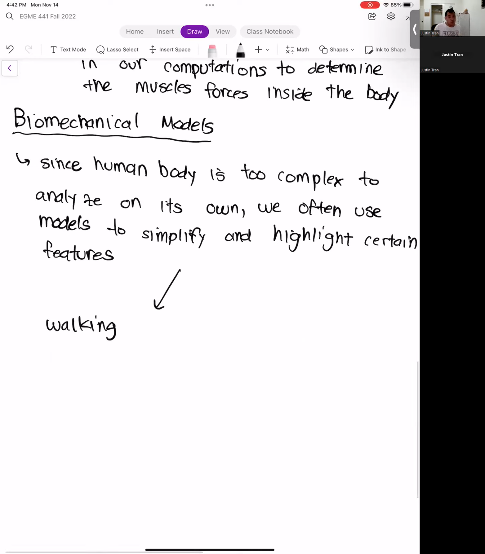Right. And so for walking, the model that we used for this was, remember, the inverted pendulum. And so it looks something like this.